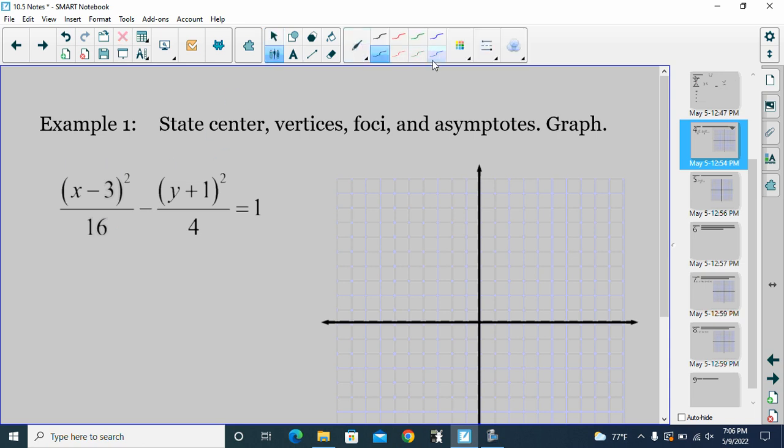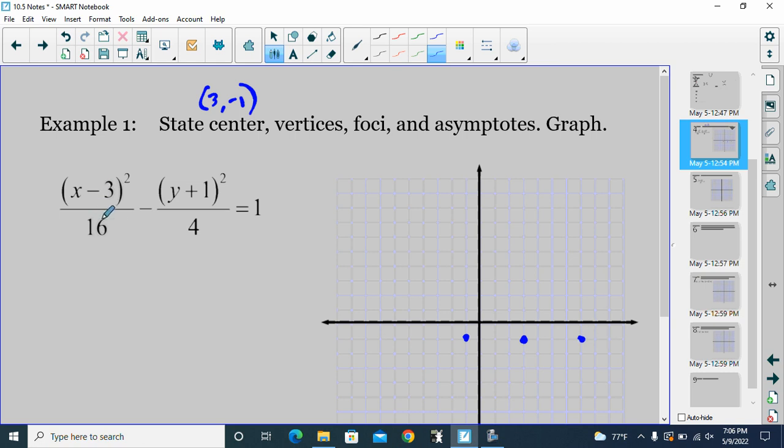The center is right in the formula. H, K again, center is at (3, negative 1). There's the center. Square root of 16 is 4 under the x's, so I'm going to go left 4 and right 4.